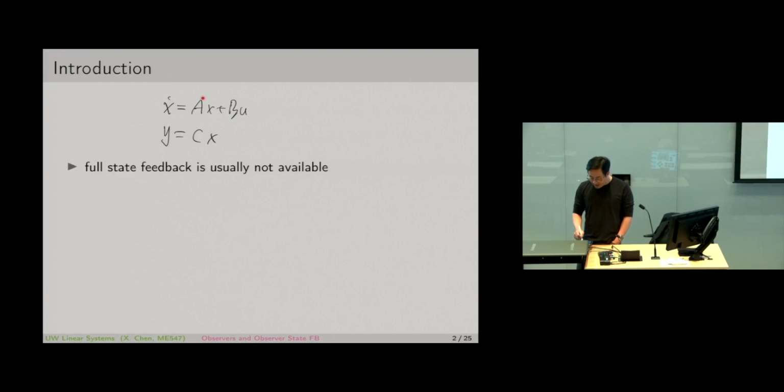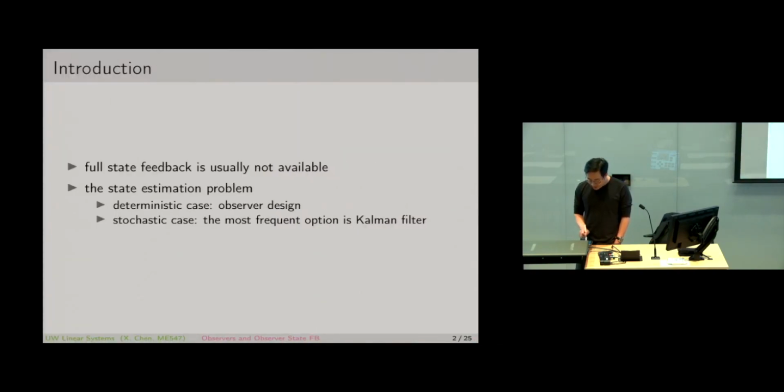But we all know that if we can have access to the full state, really powerful control design can be implemented. We can have state feedback control, which can place the eigenvalues of the closed loop arbitrarily in the complex plane. So how can we do this? We can do a state estimation problem to try to estimate the state x based on the limited output y.